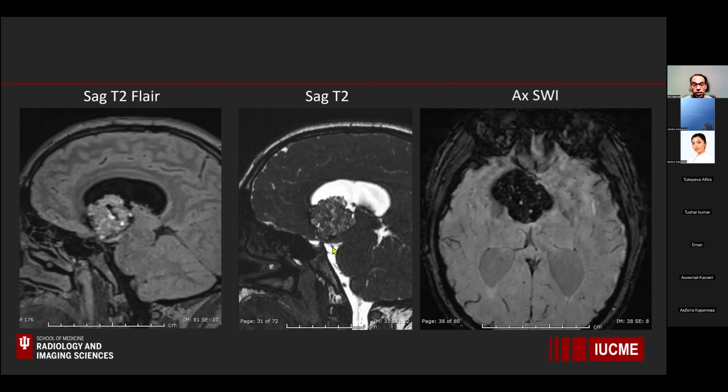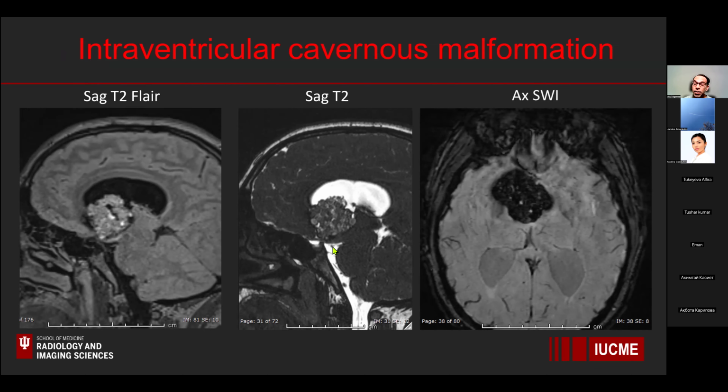So we were thinking this is a craniopharyngioma, but it happened to be an intraventricular cavernous malformation. So just be careful. Sometimes you have masses that'll look like a craniopharyngioma, but instead they may be something very different. So you have to collect all the different cues on the imaging to come to the right diagnosis.